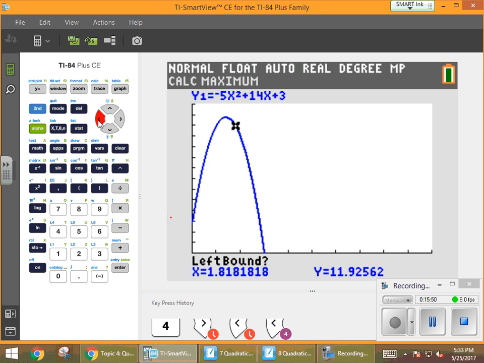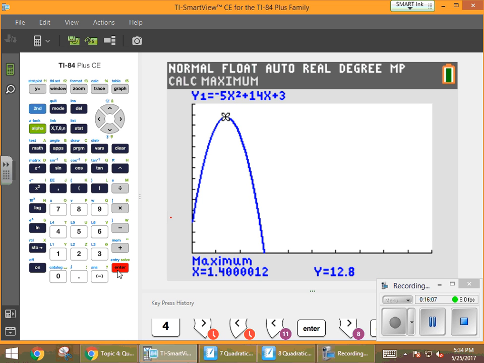There's my cursor, so I need to get it to the left of that vertex, which it is now. I'm going to hit enter, go to the right of that vertex, hit enter again, and guess, enter one more time.